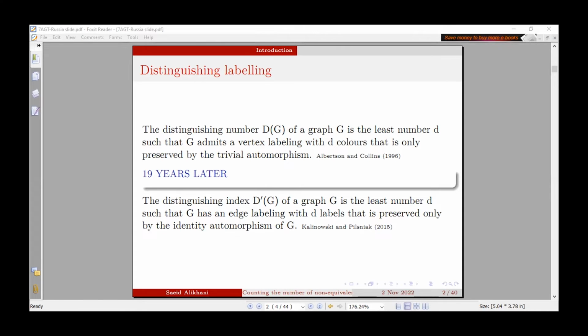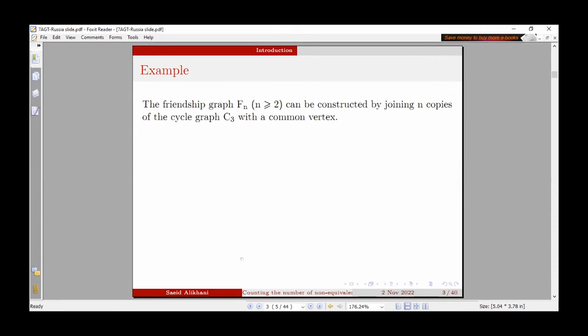Okay, so this is the definition of the distinguishing number and distinguishing index. And most of the papers, I think more than 120 papers, have been published on this coloring, distinguishing coloring of graphs. And most of them first compute the distinguishing number and index for specific graphs. And note that the complexity of computation of these two indices is NP-hard.